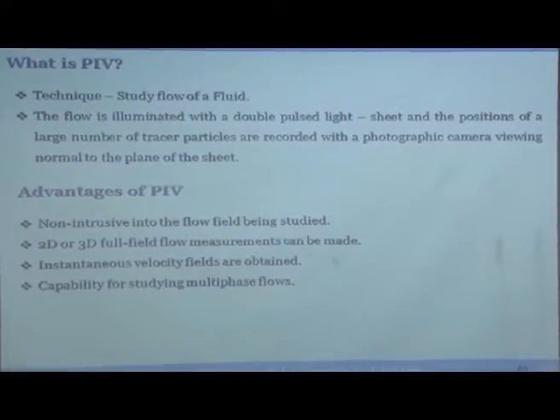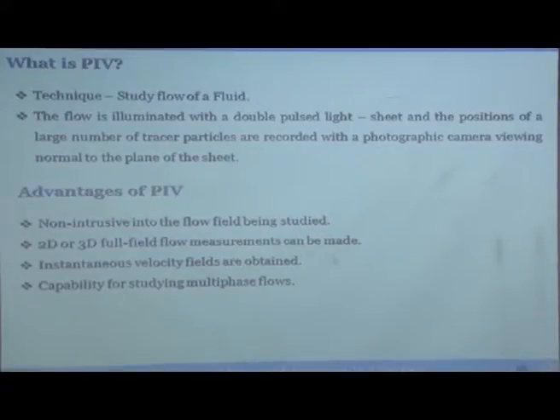Pitot tube is a point measurement. Wherever you want velocity, you put the pitot tube there, and the kinetic energy, the velocity, is converted into pressure head, and then you measure that, and that gives you the velocity of the water at that point. And if you want it in a section, you have to keep moving it from one point to another.